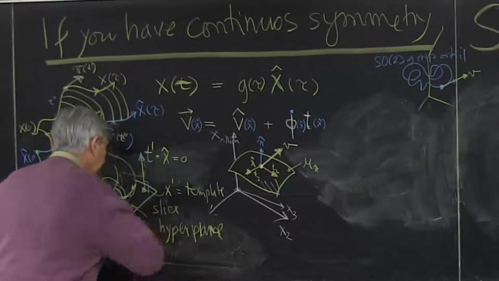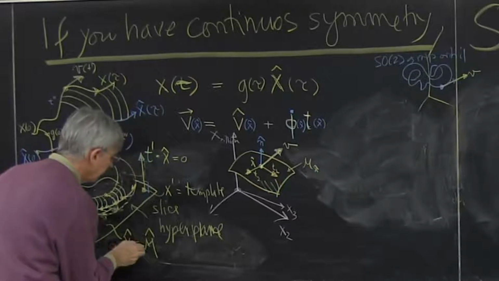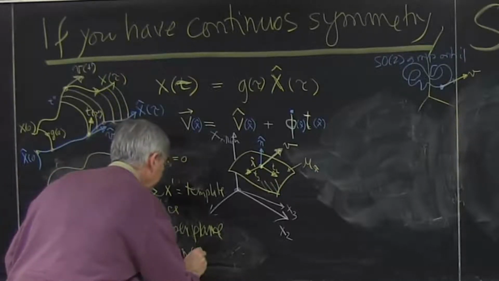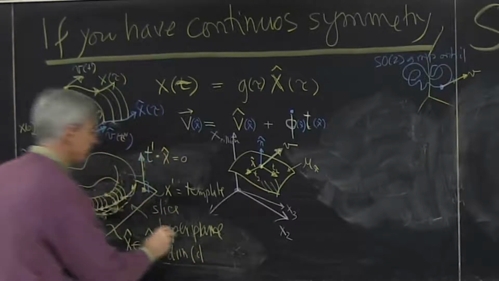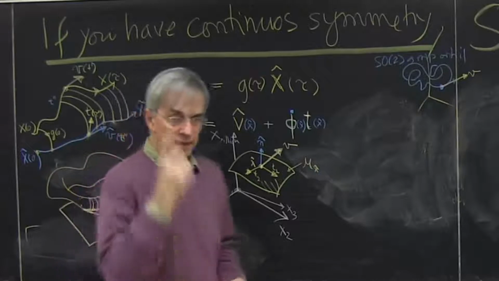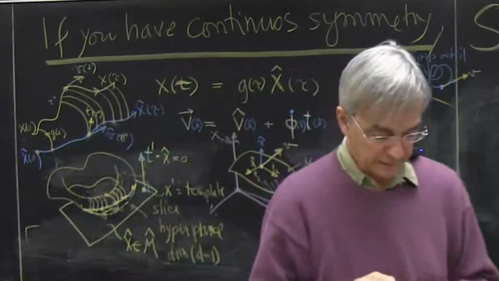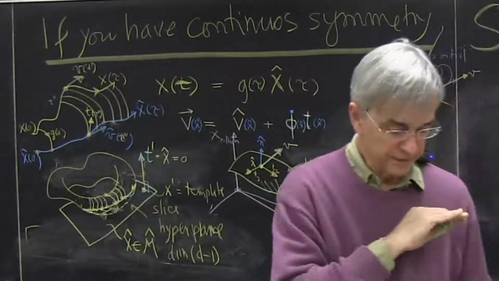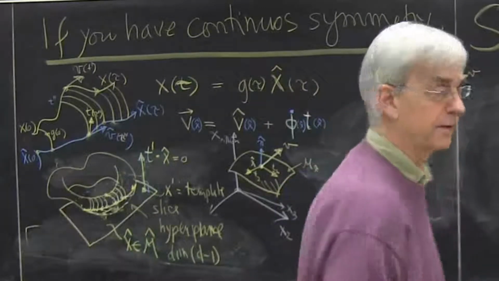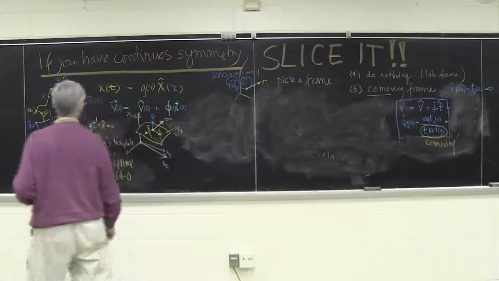I'll give it a hat right now. And that's of dimension d, dimension of the whole space minus 1. So if the whole space was a million and 1 dimensions, the slice hyperplane is a million dimensional. So it doesn't look like much, but it turns out it's a great one.